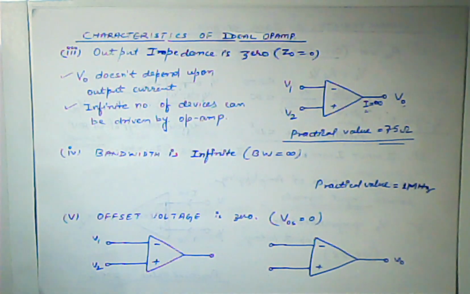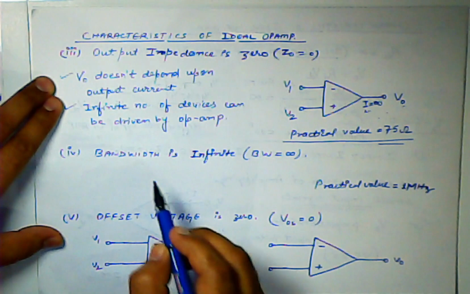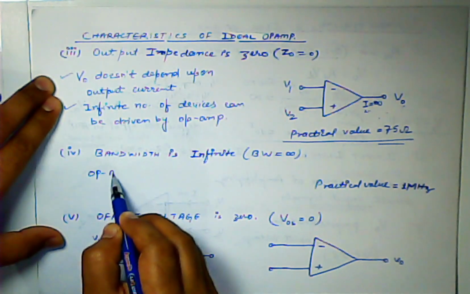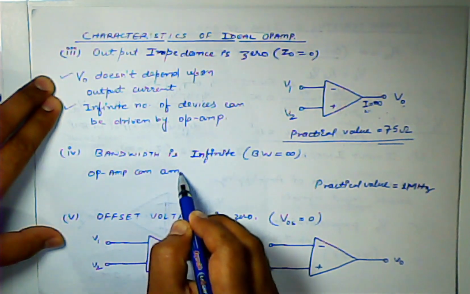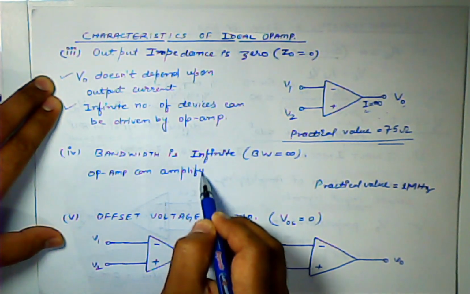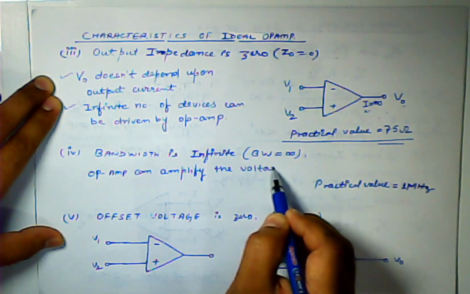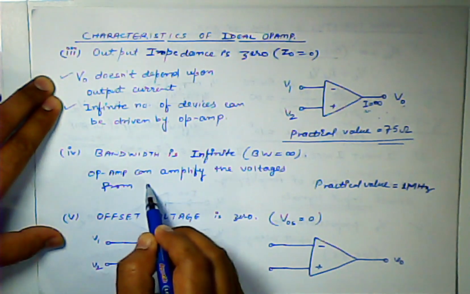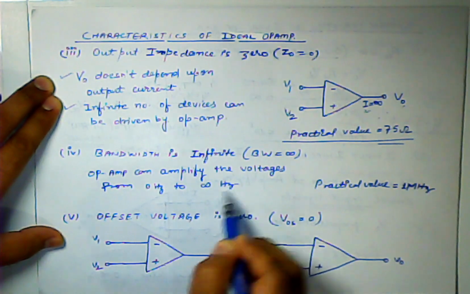So if the bandwidth is infinite, the op-amp can amplify voltages from 0 Hz to infinity Hz.